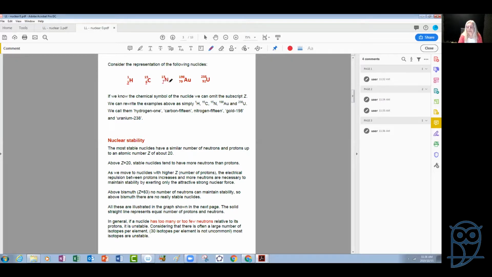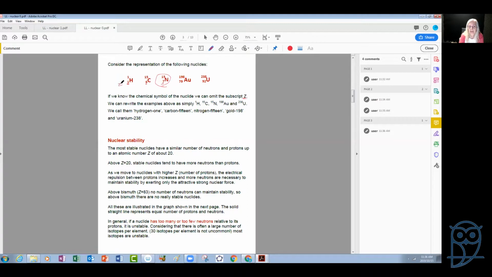Therefore, when we know that this item has 7 protons, it's definitely nitrogen. And also, if we know the chemical symbol, we know that this has 7 protons in its nucleus. So from now on, if we know the chemical symbol of the nuclide, we can omit the subscript Z.